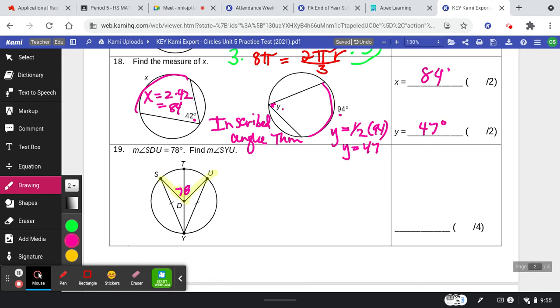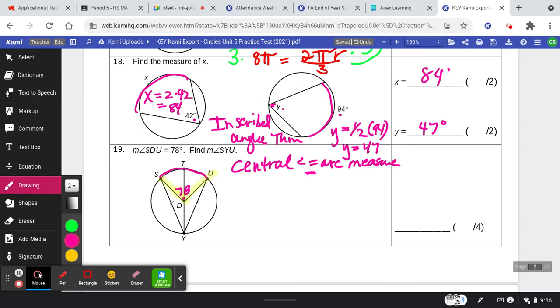So this is 78. I know central angle equals arc measure. I'm over to Imogen. Imogen, if I know the central angle is 78, what's that arc measure? They're just equal.